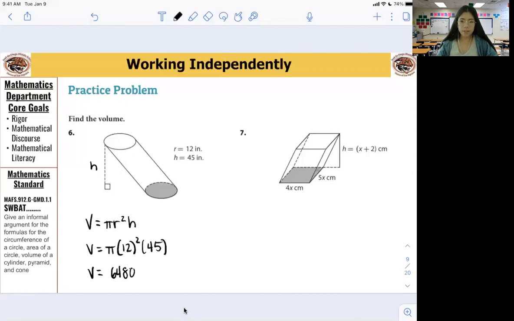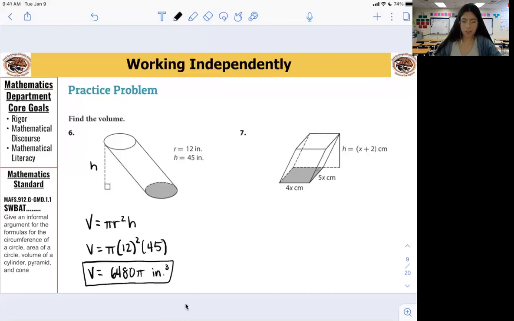You're missing a zero? Oh. Okay, Jalen. What are my units? Inches cubed. Cubed.